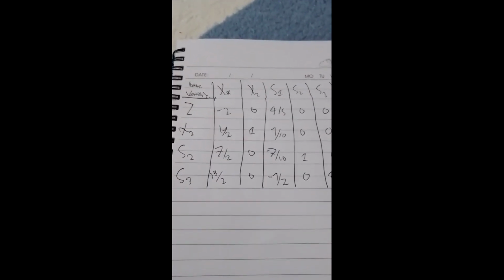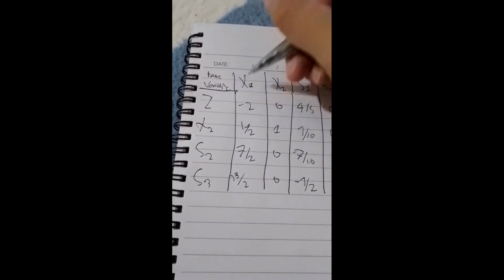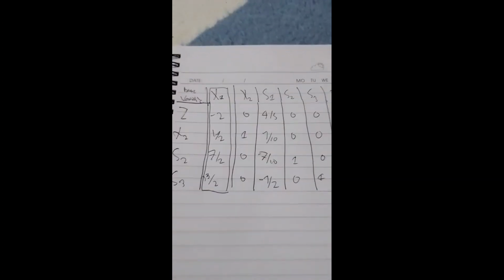So, after po natin makuha lahat, gawin po ulit natin yung ginawa natin kanina. Yung hanapin po yung most negative coefficient po. So, the most negative coefficient is itong negative 2. Ganun ulit, hahanapin ulit natin yung ratio ng RHS.